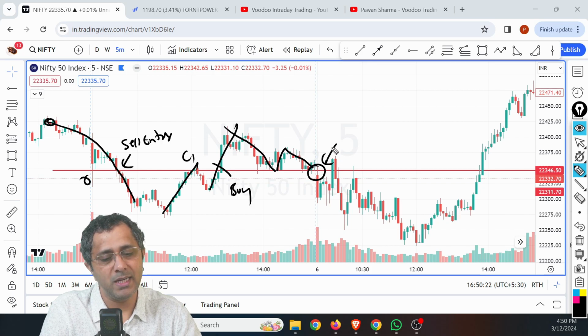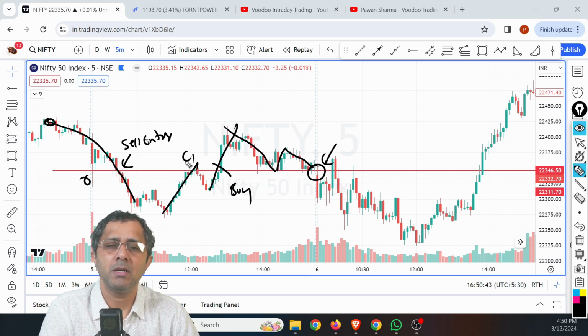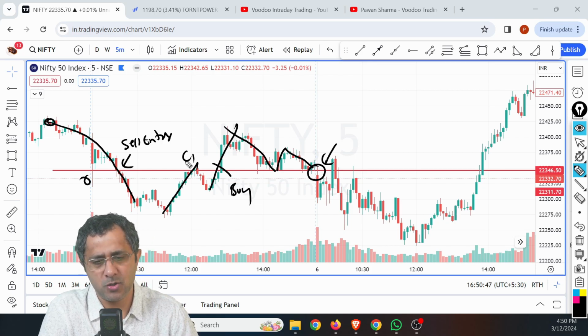Now you see, if you buy here, you might get a stop loss hit, because we generally do not exit so fast. We will wait for big moves, and of course we should wait for big moves, and in that waiting period it might come back, and at times we have to either exit at cost or take a stop loss hit.